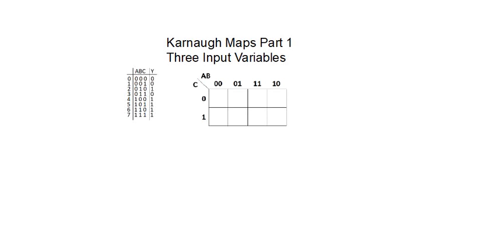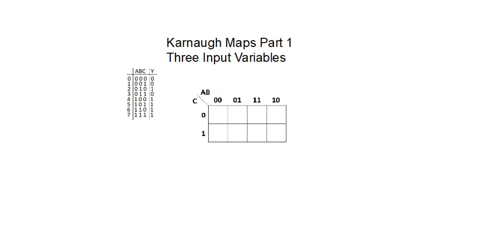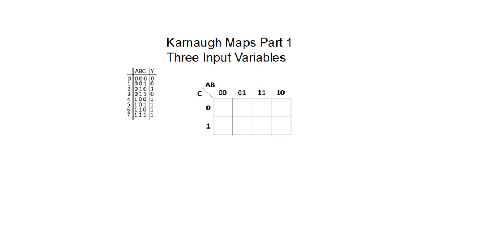And then the 8 boxes here are your 8 Y outputs. But they're a little different in the way they're ordered. It's going to be a visual thing we'll look at in just a minute. Each one of these boxes corresponds to one of these 8 positions of the truth table.